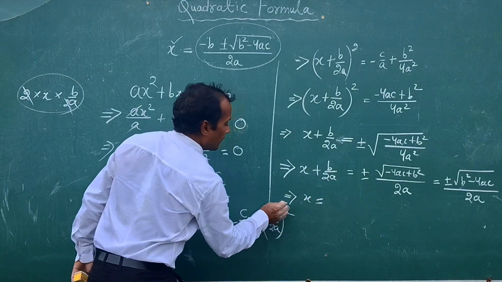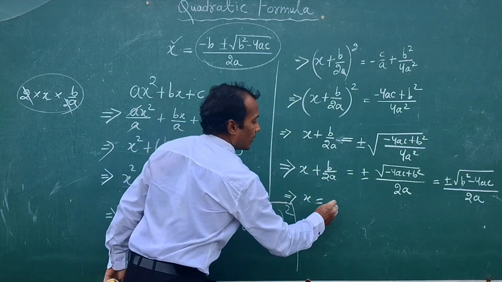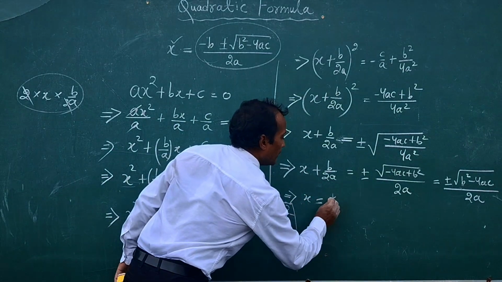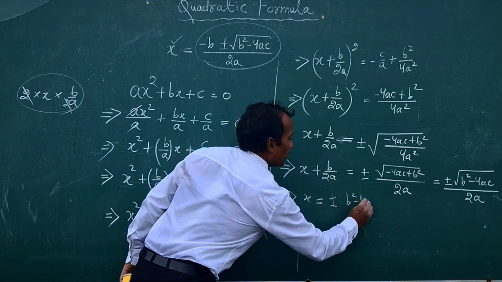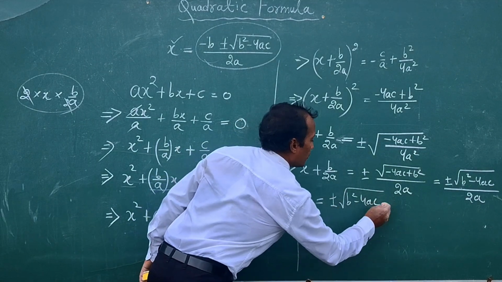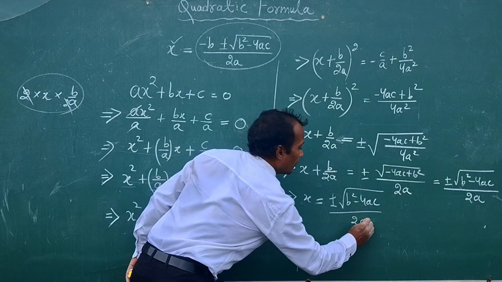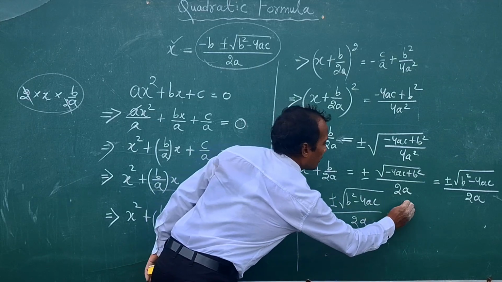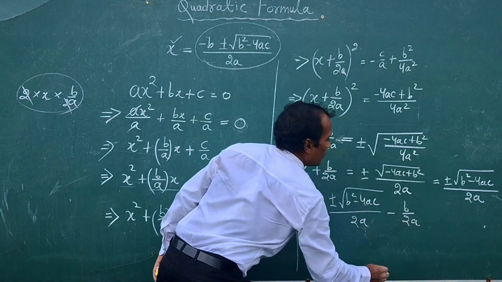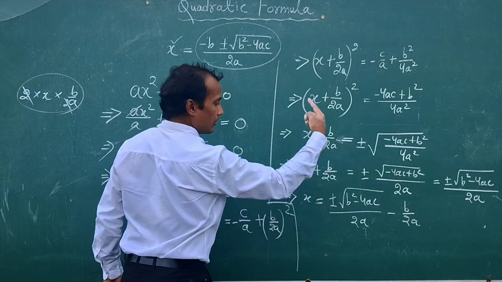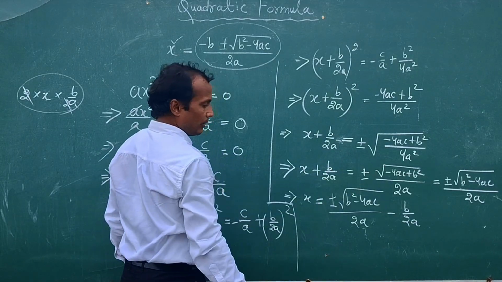Alright, now the next step is x equals plus minus square root of b square minus 4ac by 2a, minus b by 2a. Okay, plus b by 2a shifted to the right side becomes minus b by 2a.